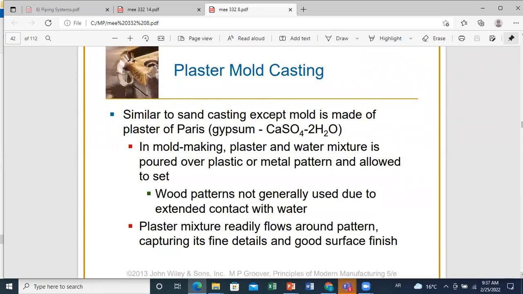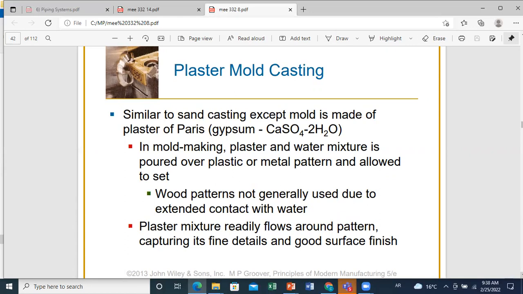Now, another type of expendable process is plaster mold casting. It is similar to sand casting, except that the mold is made of plaster of Paris. So you are using another type of material, but as a concept, it's similar to sand casting. In mold making, a plaster and water mixture will be poured over a plastic or metal pattern and allowed to set.